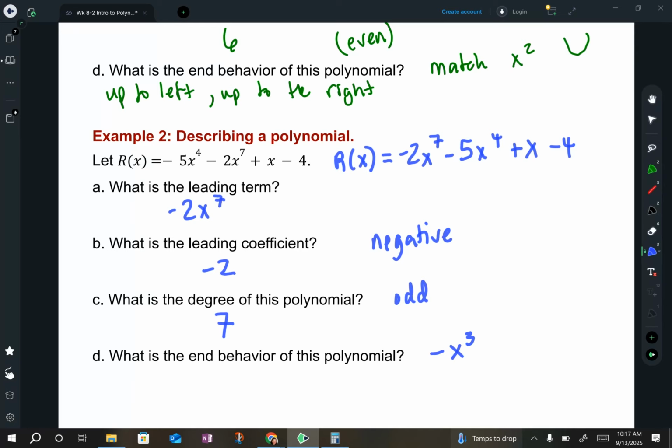If we don't remember what that looks like, it looks like this, more or less: up to the left, down to the right. If you don't know off the top of your head what x cubed, minus x cubed, x squared, minus x squared look like, I would absolutely put those quick graphs on your note card. Just make a little chart and draw those in.